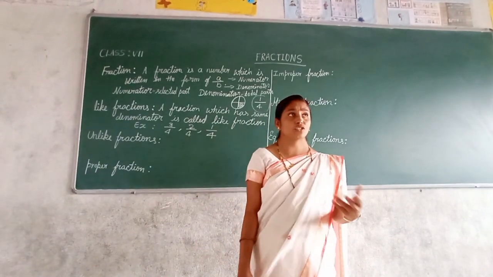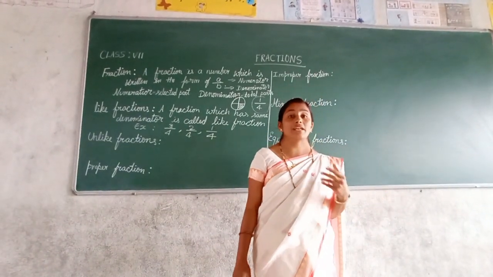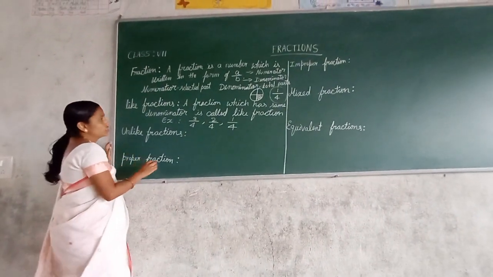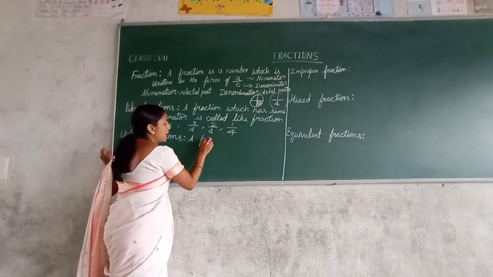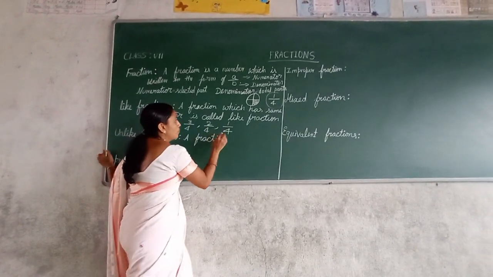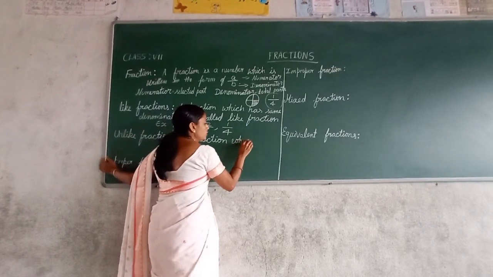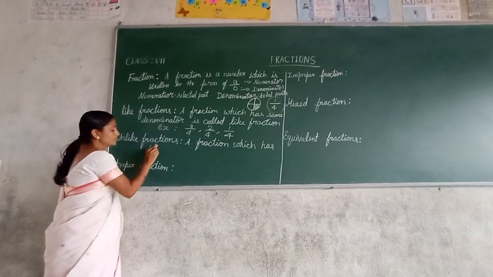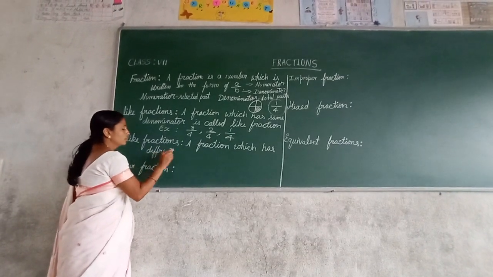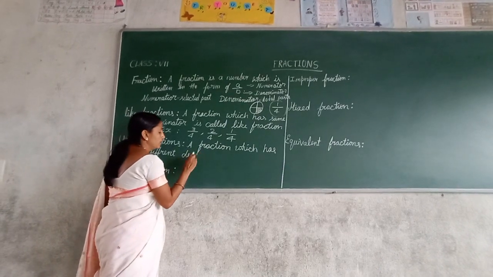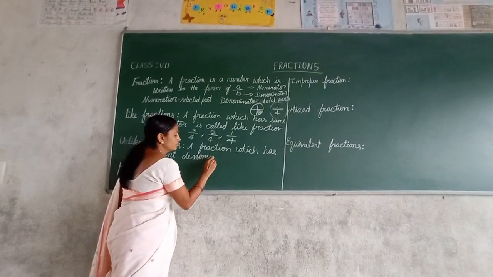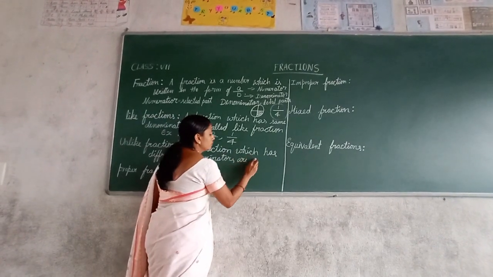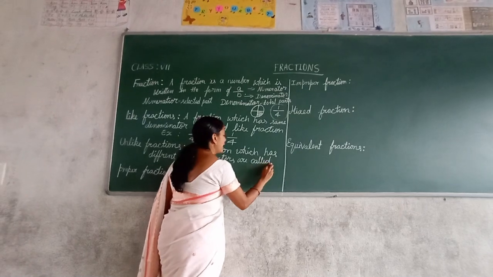Next, if the denominators are different, then you have to call it an unlike fraction. A fraction which has different denominators is called an unlike fraction.